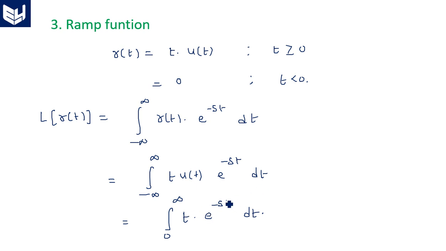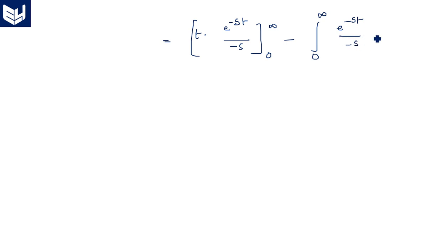Now take the integral uv formula, and after that substitute the upper limit and lower limit. So it is t into e power minus st by minus s, from 0 to infinity, minus the integral from 0 to infinity of e power minus st by minus s into 1, since the derivative of t is 1, dt.